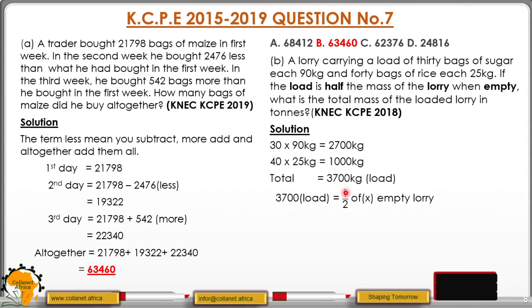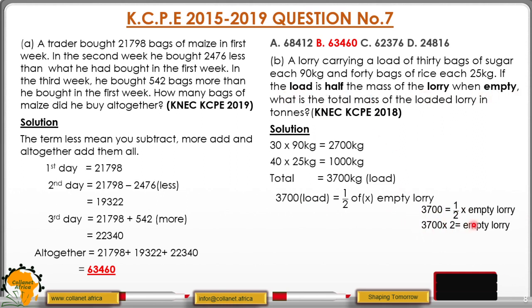So it will be a half times the empty lorry. This is what I want you to get. So here it will be 3,700 is equal to a half times the empty lorry. So this interpretation is from this sentence.